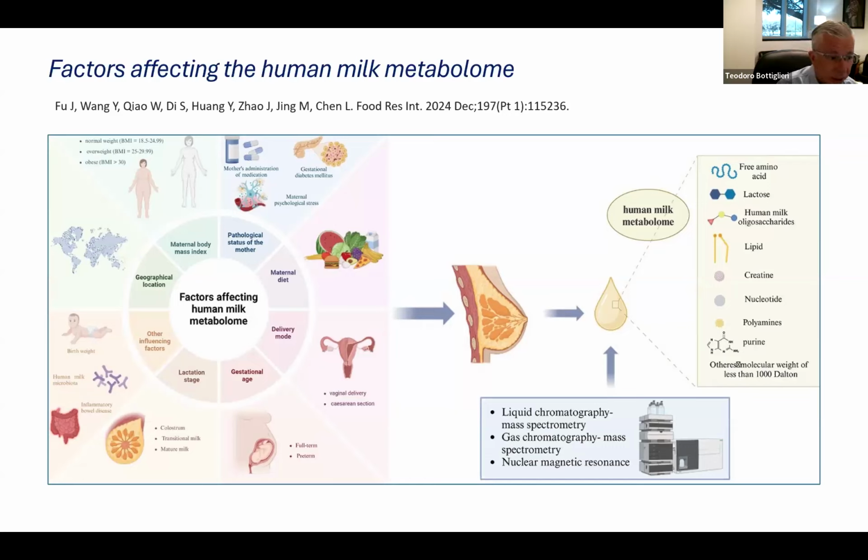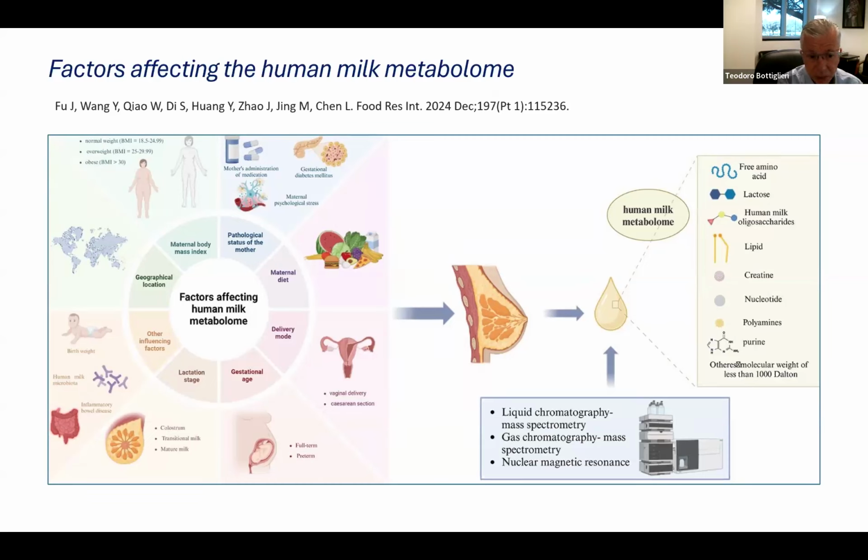They can depend on geographical location, maternal body mass index, pathological state, maternal diet, of course, delivery mode, other perinatal factors, gestational age, and lactation. These result in changes in the metabolites depicted here, which are some of the main constituents, but of course not all of them. This is really just a summary.